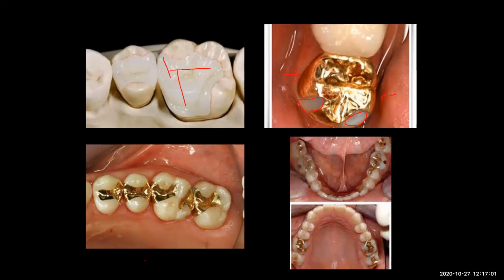Mesial occlusal lingual porcelain onlay on tooth number 14. An MOD porcelain inlay on tooth number 13. Or actually, it's the other side of the mouth.